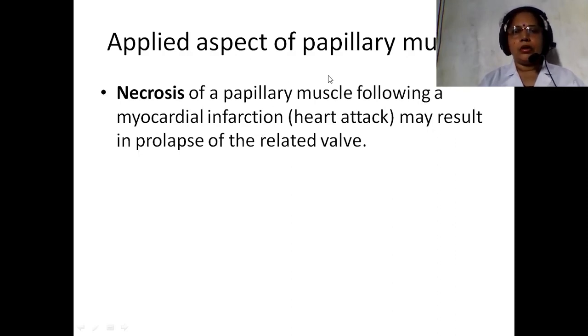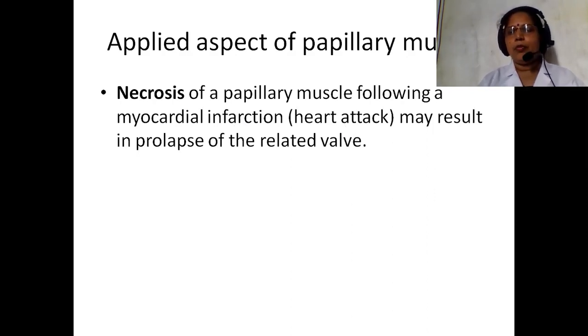Whenever necrosis occurs in the papillary muscles, what happens afterwards? It forms a myocardial infarction. What is myocardial infarction? Whenever there is a lack of blood supply, lack of oxygen supply to a region of the heart, at that time the patient develops a heart attack. That heart attack may be mild, moderate, or severe.